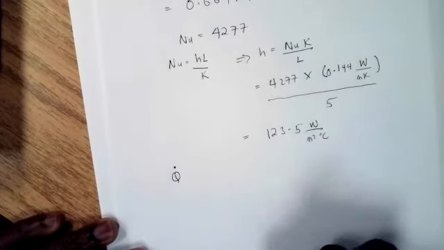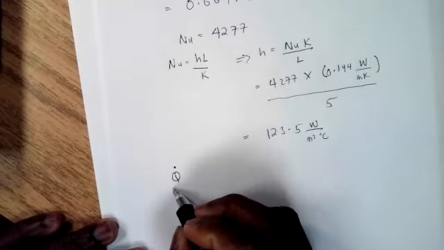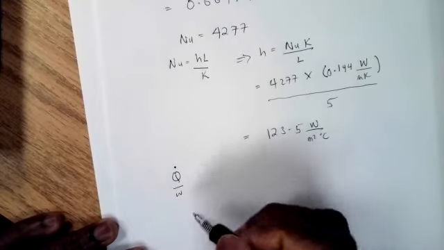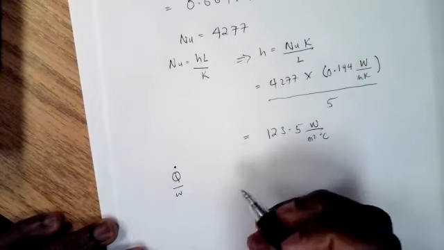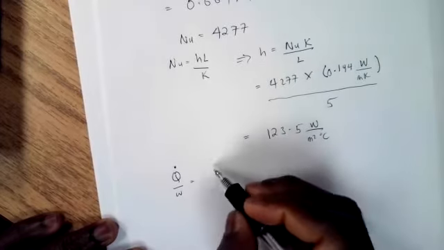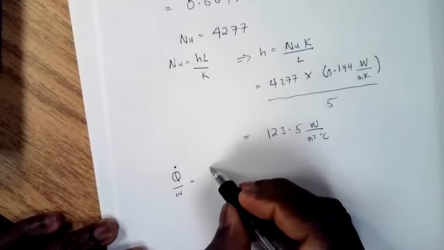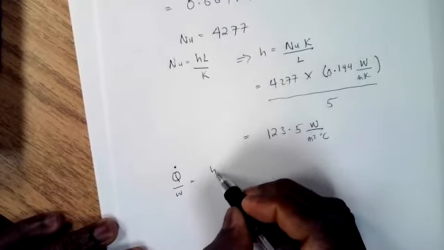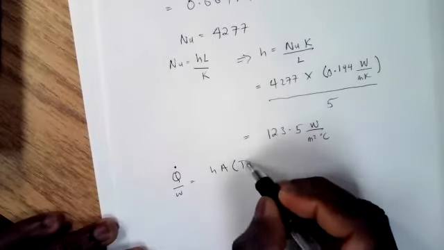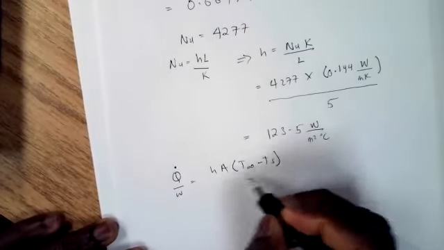We're finding Q per unit width, so just go ahead and divide by the width right away so that we don't have to come back to it. We already had an expression for Q, which is hA times (T infinity minus Ts).